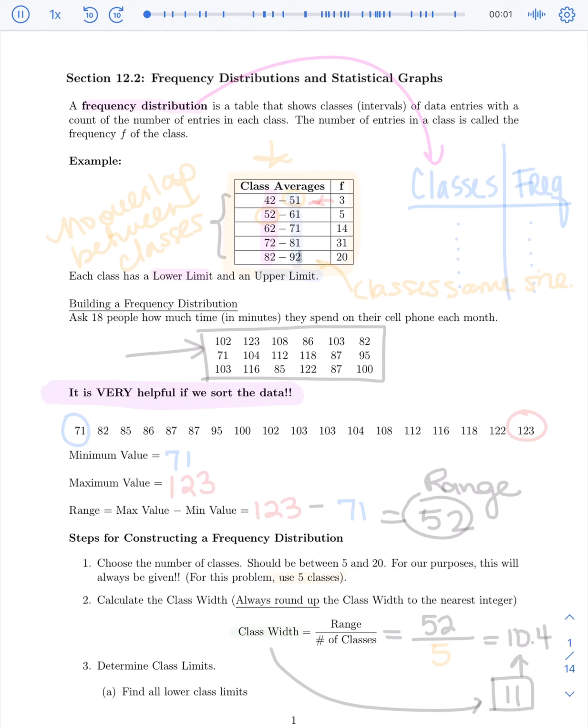In this next section, we're going to look at frequency distributions and other statistical graphs. And so we'll start with what is called a frequency distribution.